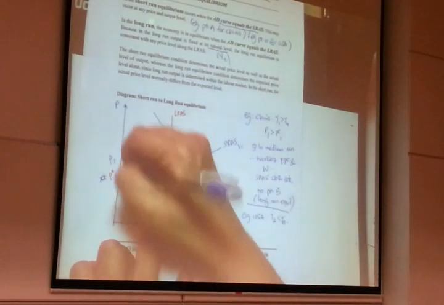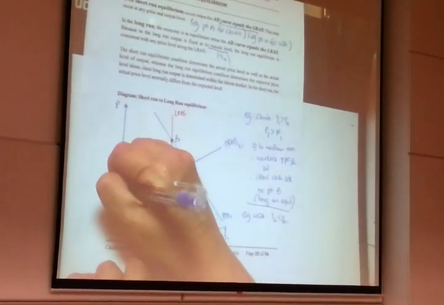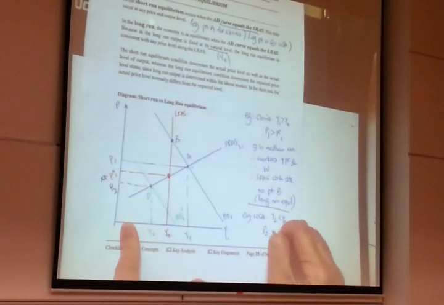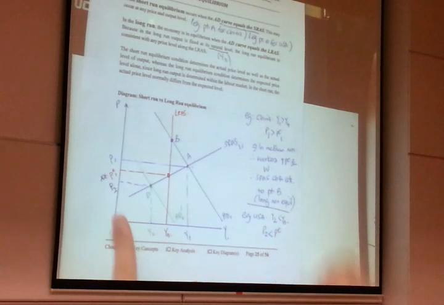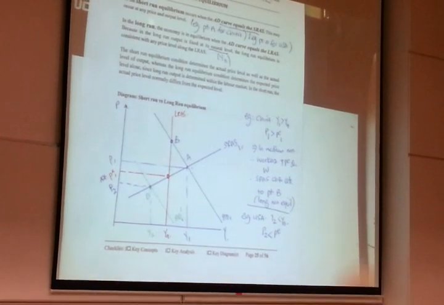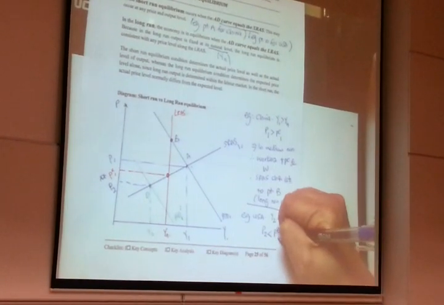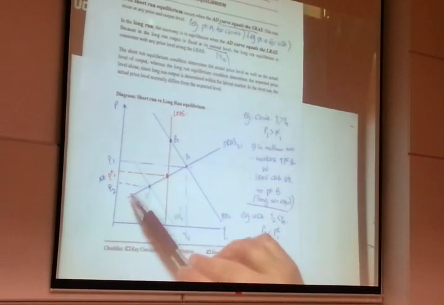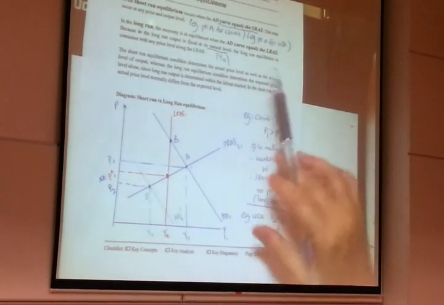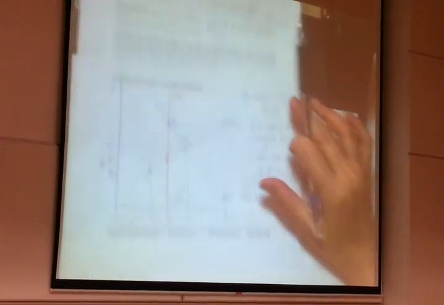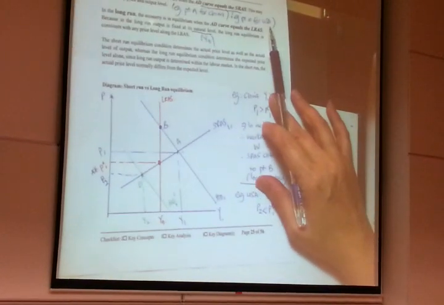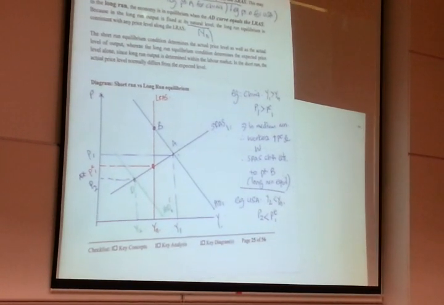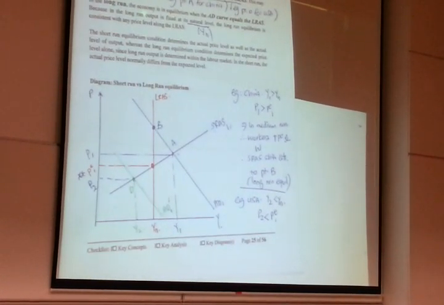And you can see if you put the price line across, P2 is lower than her PE, or specifically PE1. So again, in the short run, the actual price P2 is lower than the expected price. So we know if you are at point D, your economy is in a recession, so naturally prices are low.